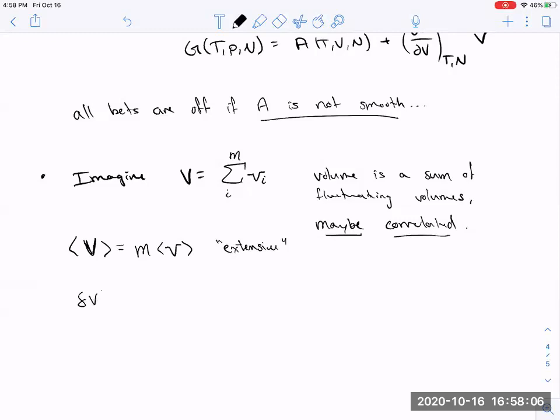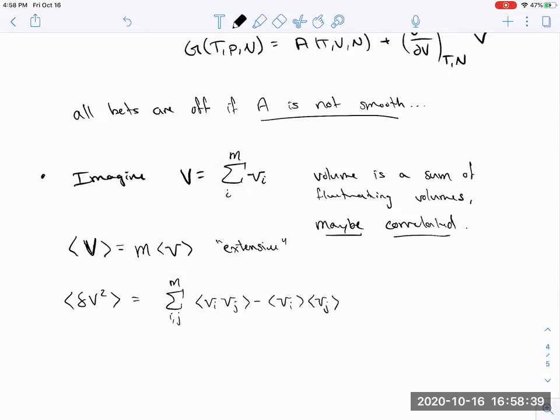The fluctuations in the total volume is equal to a sum over i and j from 1 to M of the average of v_i v_j, less the average of v_i times the average of v_j.